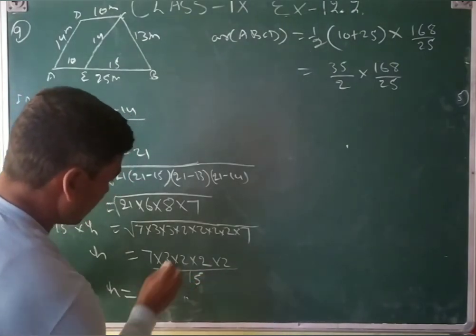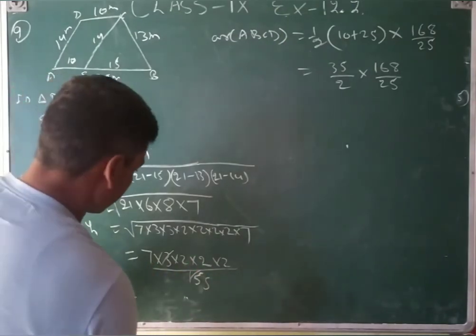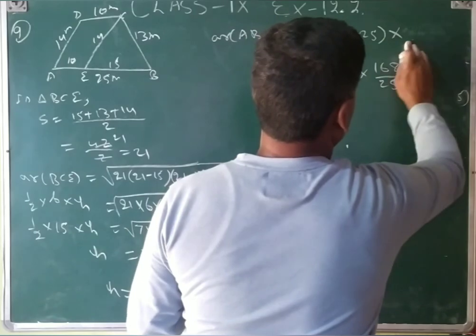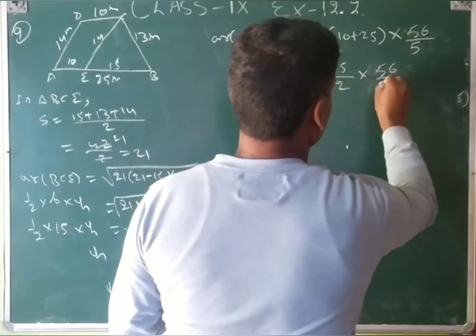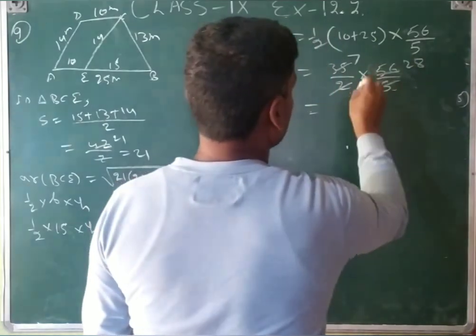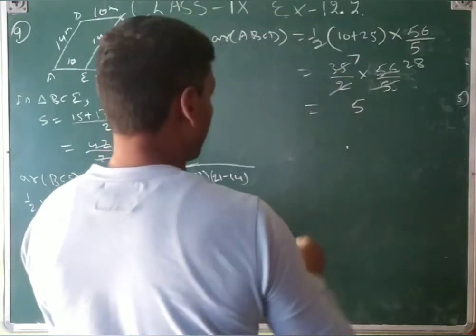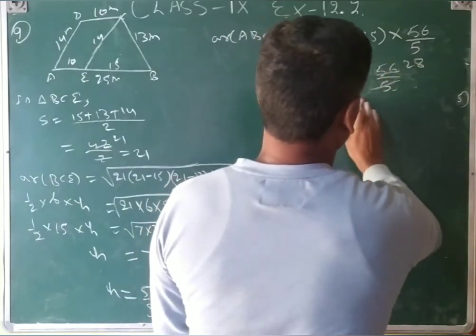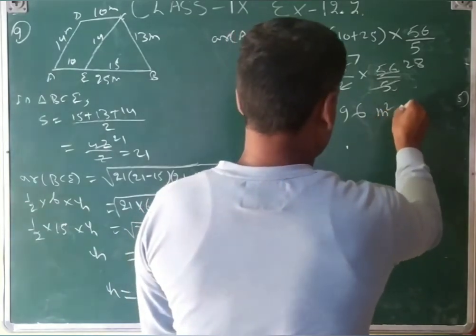So that will cancel. So 2 into 4 into 8, 8 into 7 is 56 upon 5... So 56, that will be meter square. That will be the answer. Okay.